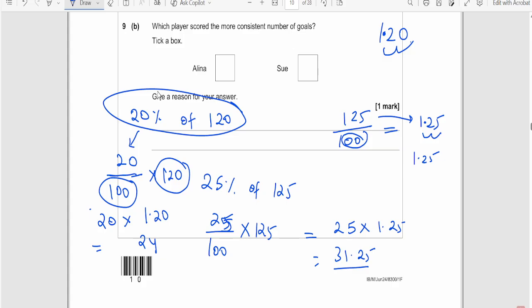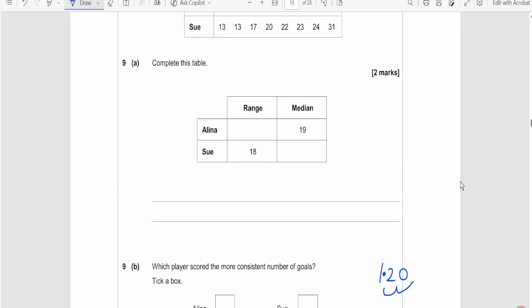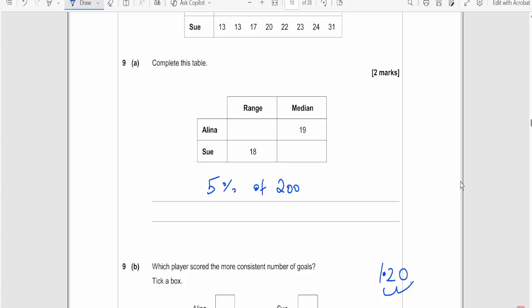Did you get it? Yes. Okay, let me give you another one. Try this: 5% of, let's say, 200. So do we do first 5 over 100? Yes.